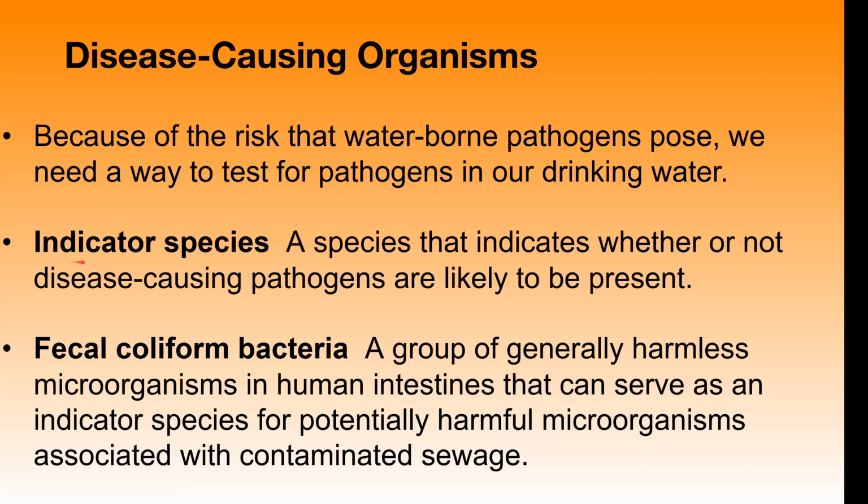All right, an indicator species here is basically a disease-causing pathogen that is present or not. And one thing we'll look for very specifically when relating to human pathogens is fecal coliform bacteria, and the fecal we went over is human waste products.